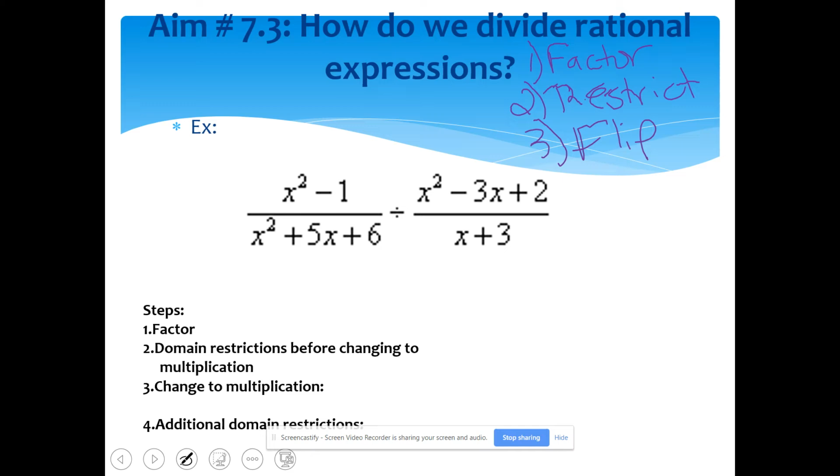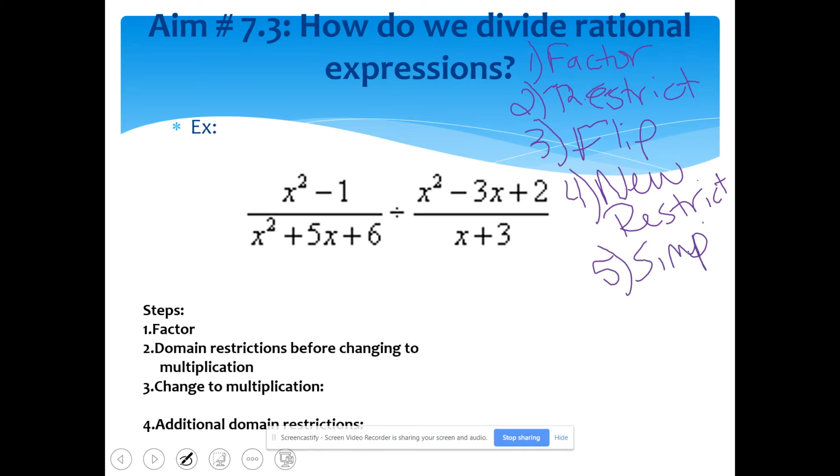We flip or find the reciprocal. Now when we do that, we get a new denominator, so we may have new restrictions. After that, we simplify. So factor, restrictions, reciprocal or flip, new restrictions, and simplify.